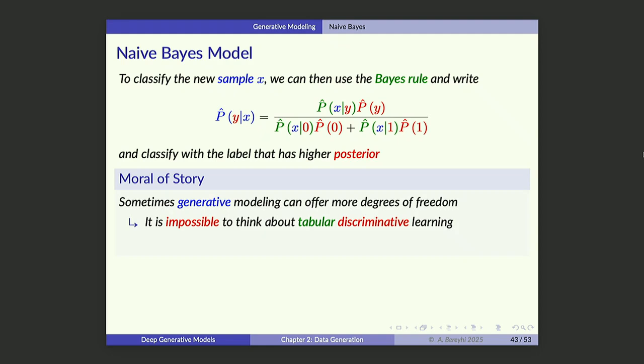So it's somehow making the impossible possible, not really, but it enables you to use a naive model. It's pretty much impossible to model tabular discriminative learning, but with a generative model you can find a tabular model. This is definitely not a strong model. It has no parameters, essentially. You're just approximating all the distributions, but it's still working, okay?